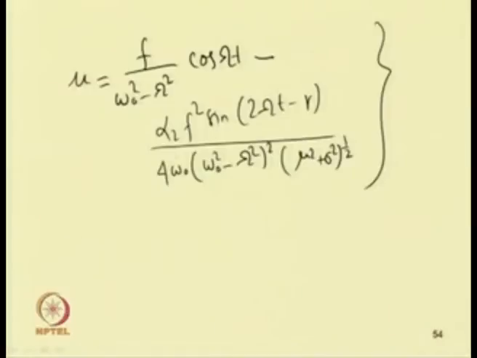So, here one may note that the alpha 3 term is not present in this, since we are considering only terms of the order of epsilon. So, here if one has a weak forcing term, so let us take a condition when the forcing term tends to 0. If the forcing term tends to 0, this f square term tends to 0 very rapidly in comparison to the first part.